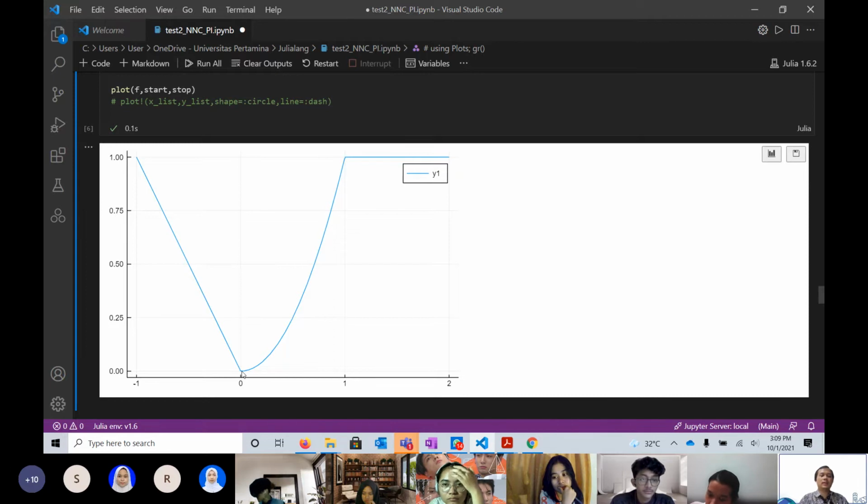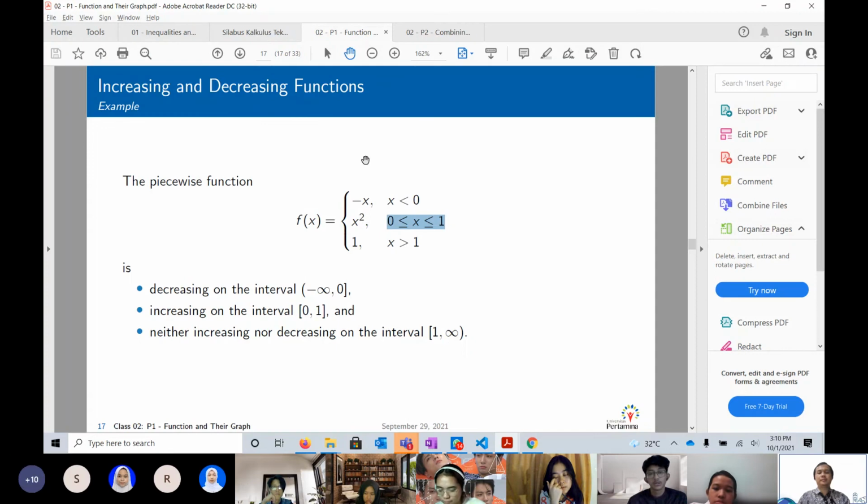In that case, we can say that the function in this interval from 0 to 1 is an increasing function. But after that, the function is neither increasing nor decreasing. So it's just flat. So it is not increasing and also not decreasing.